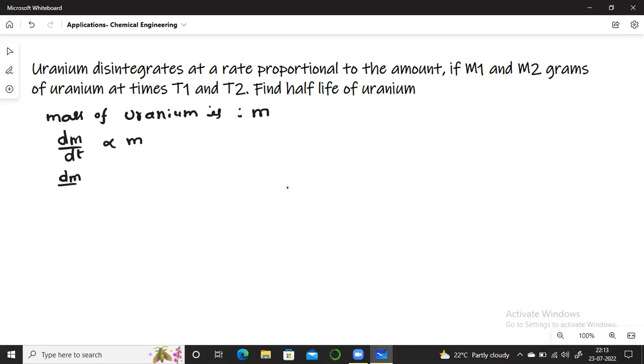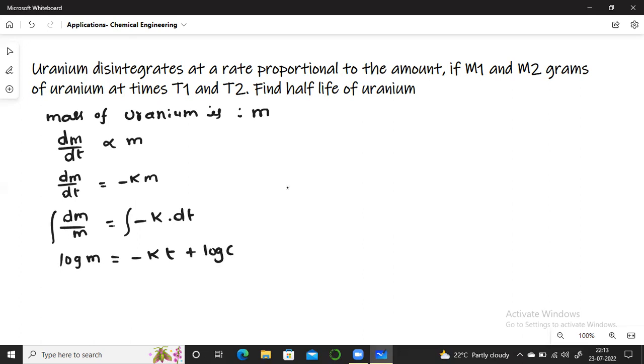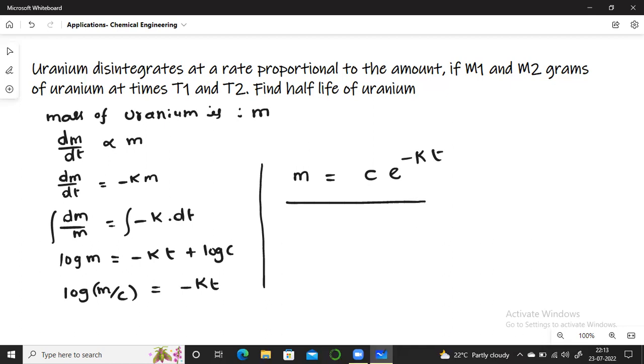Dm over dt is equal to minus km. So dm over m is equal to minus k into dt. Applying integration on both sides, log m is equal to minus kt plus some constant log c. So finally log m over c is equal to minus kt. So the equation is small m, the mass of the body, equal to c into e to the power minus kt. This is the equation.